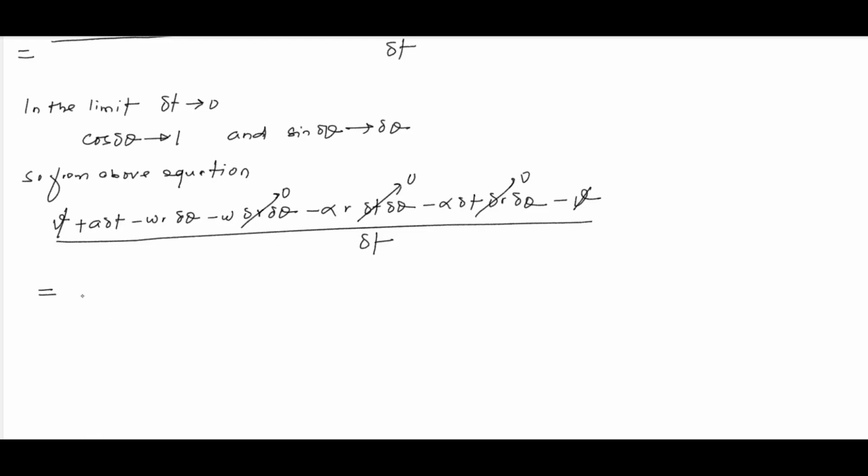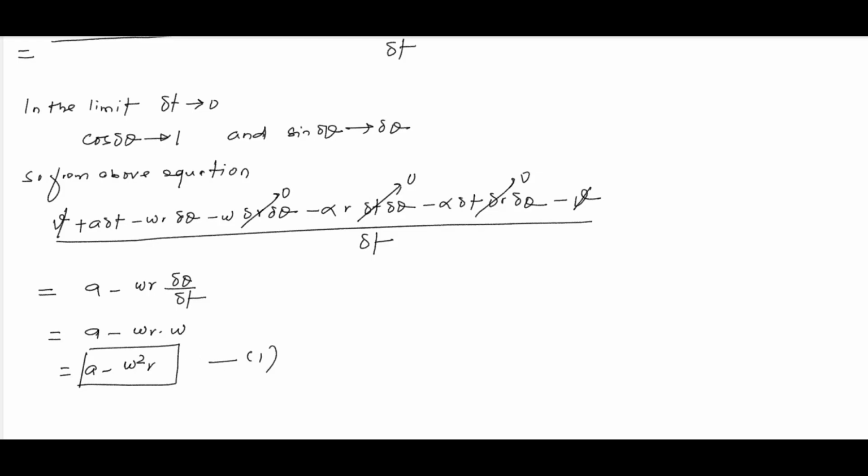So we have left with us a minus omega r del theta by del t. Okay, because a del t by del t get cancel out, it is only a here, and omega r del theta by del t. So this much, which is equal to a minus omega r del theta by del t is what? It is again omega. So we can write this as a minus omega square r. This is the acceleration of point P along AR.